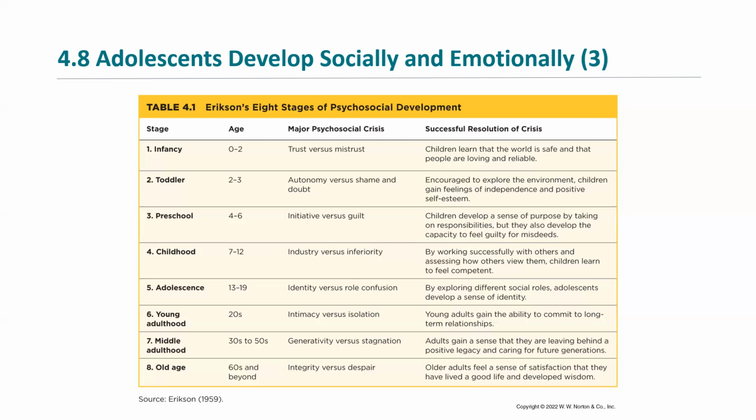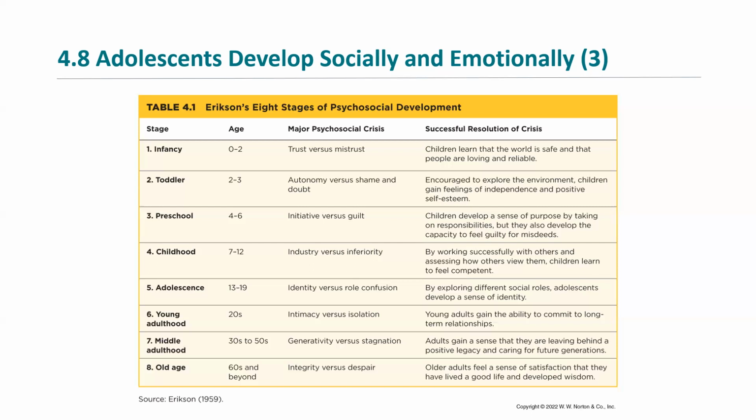In middle adulthood, 30s to 50s, the psychosocial crisis is generativity versus stagnation. Generativity is developing a sense that you're leaving something behind in the world. As you go through middle adulthood, you start realizing that you're halfway or more through your life, and you start thinking about what am I leaving behind?